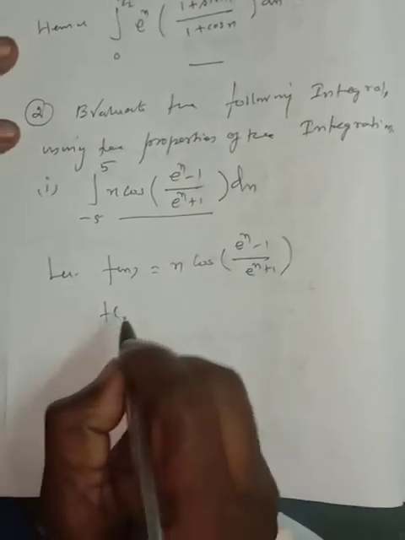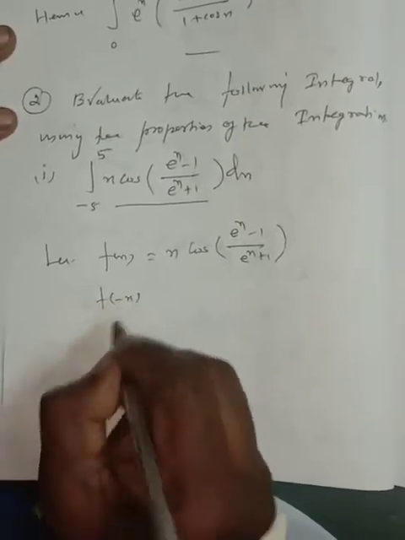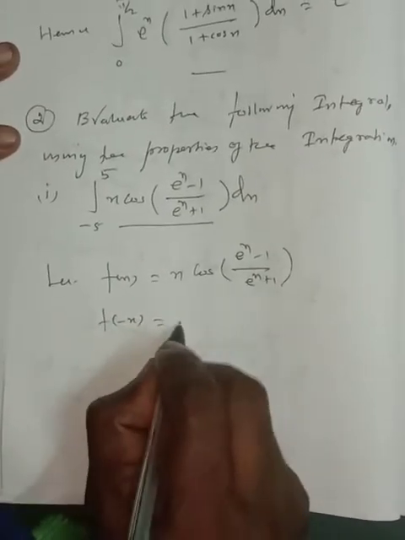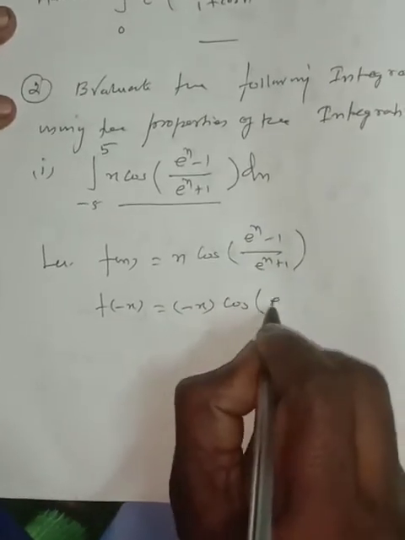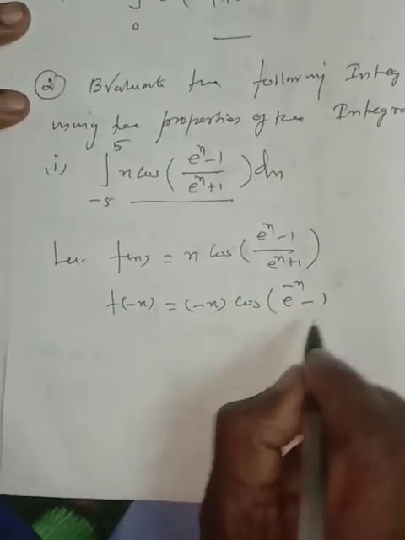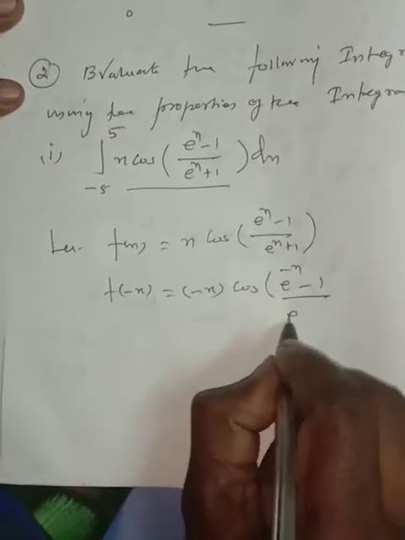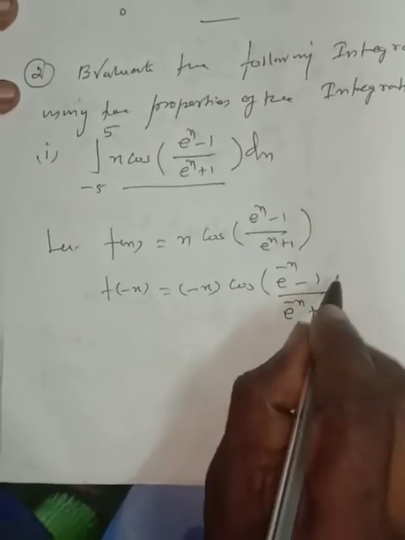Next, put x equal to minus x. F of minus x is minus x cos e to the power of minus x minus 1 divided by e to the power of minus x plus 1.